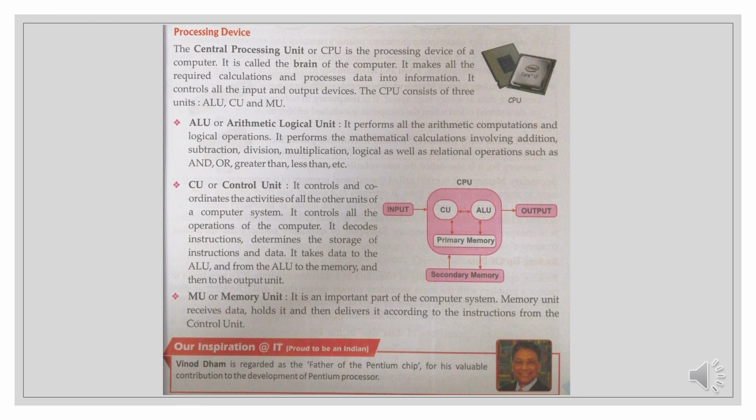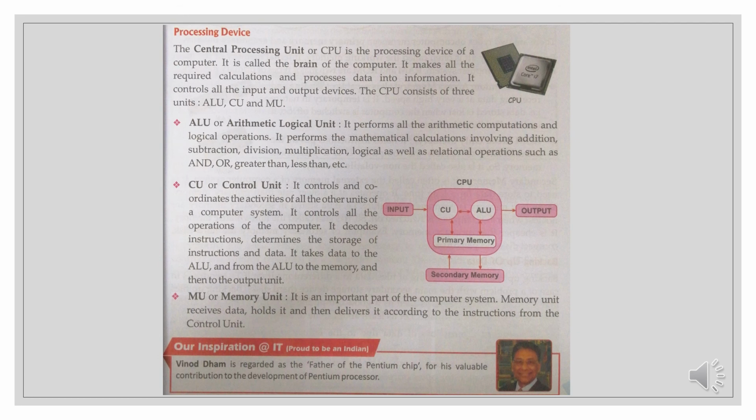It takes data to ALU and from ALU to the memory and then to the output unit. So which unit takes the data to the ALU and from ALU to the memory and then to the output unit? It is the control unit.